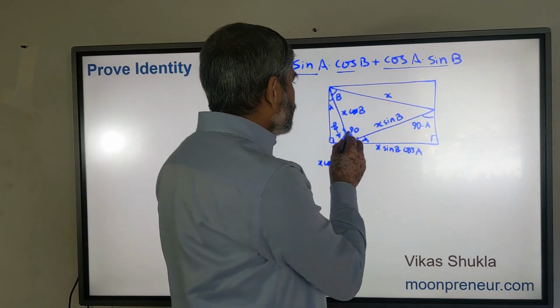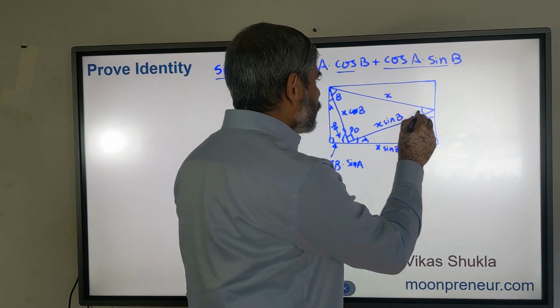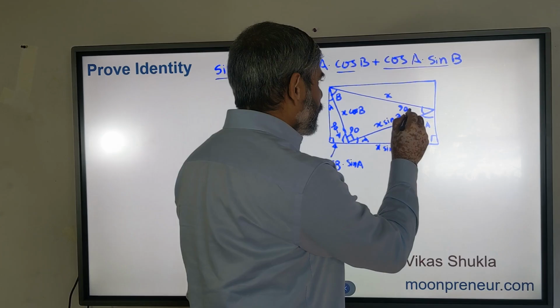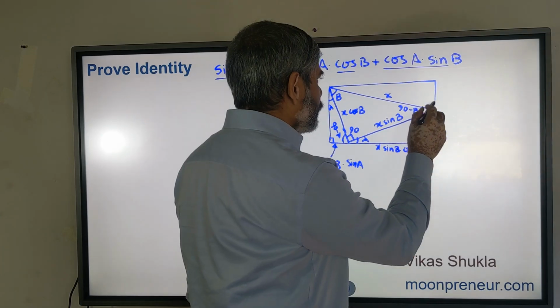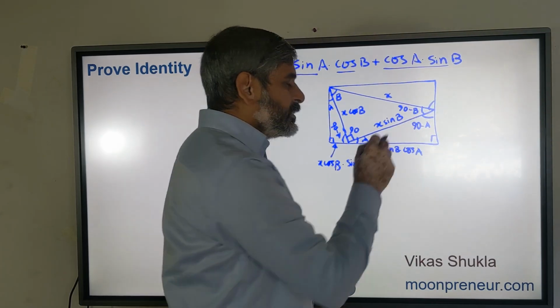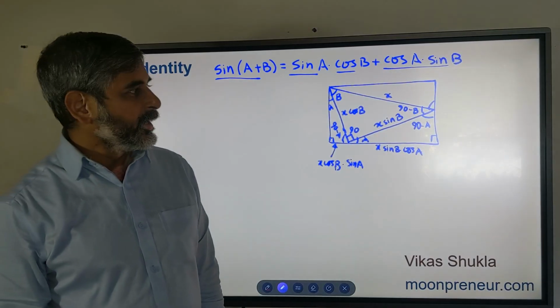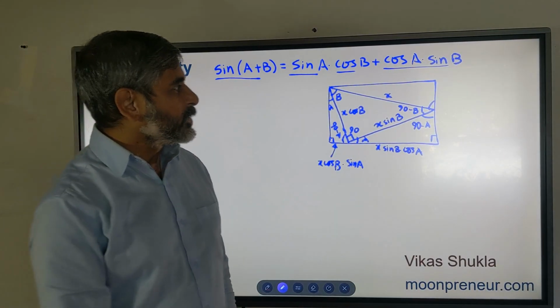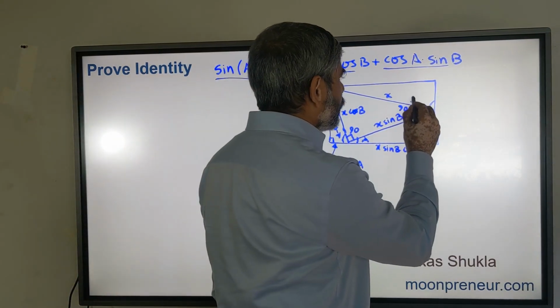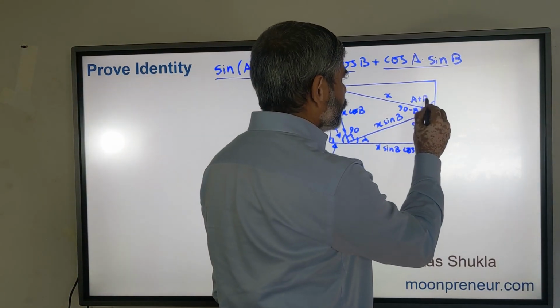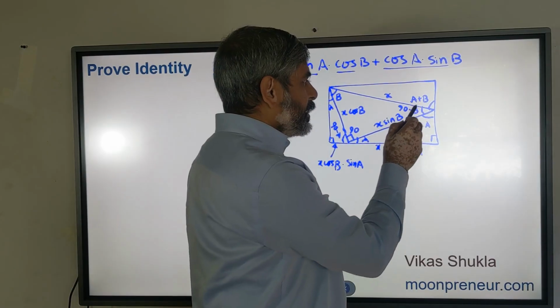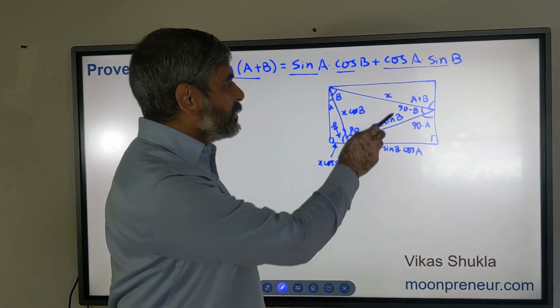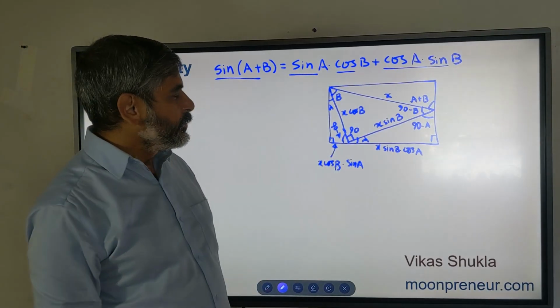This angle is B, this angle is 90, therefore this angle is 90 minus B. Now these three angles must sum to 180, which is possible only if this angle is A plus B, because A plus B minus B cancels and you are left with 180.